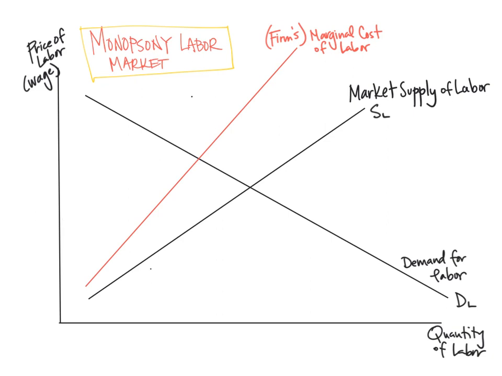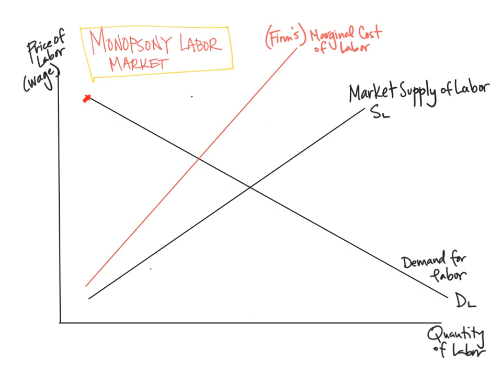So let's apply it. Can you locate the correct quantity of labor, thinking about that rule of hiring additional workers as long as their additional benefit is greater than their additional cost? So where's the additional cost? Everywhere along the marginal cost of labor. What about the additional benefit? The demand for labor is basically the benefit or the revenue that your workers generate.